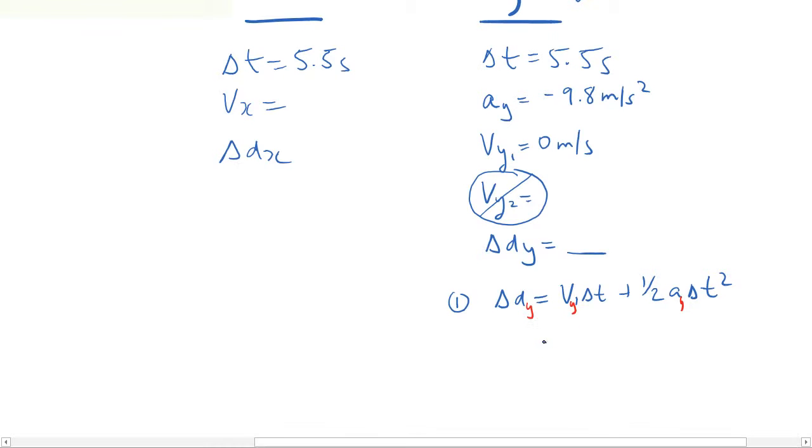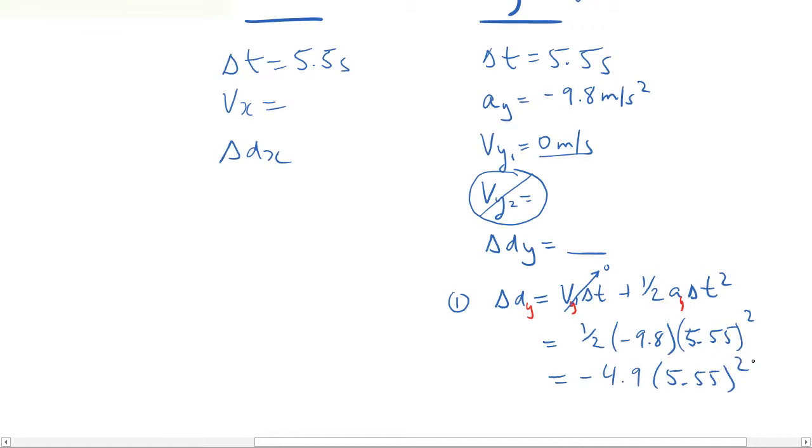Okay, well, if my Vy1 is 0, that means that this term is 0, and I'm going to get plus 1/2 times negative 9.8 multiplied by 5.55 all squared. So here I'll get negative 4.9 times 5.55 squared.